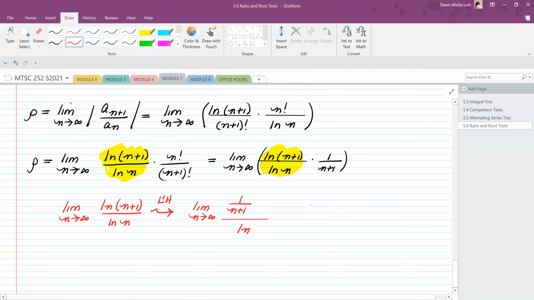So this is the limit as n approaches infinity of n over n plus 1. And that's just 1. You can use L'Hopital's rule again and get 1. Okay, so therefore rho turns out to equal 1 times 0, which is 0, which is less than 1.